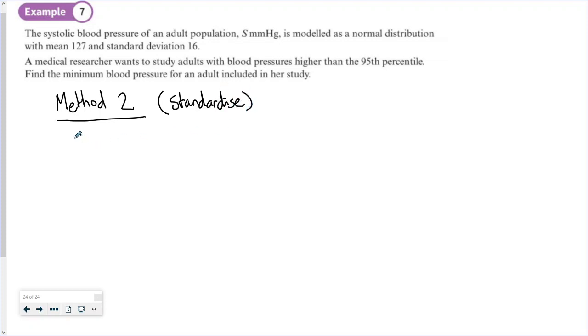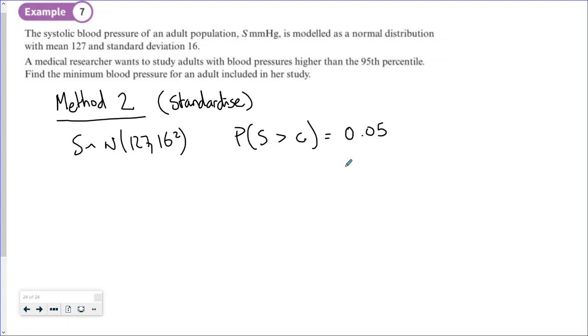So remember, we've got this problem where S follows normal distribution 127, 16 squared, and we want to find the probability of S being greater than some value C is equal to 0.05. So in this standardizing method, we want to try and turn this from a probability statement with S in it to a probability statement with Z in it, where Z is our standard normal random variable.